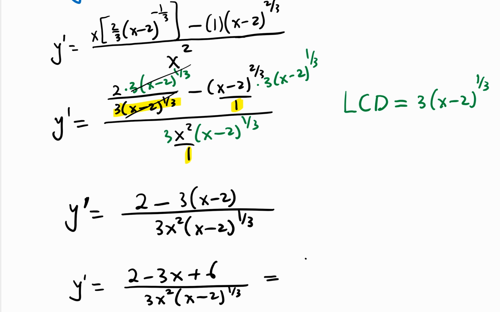I forgot an x here next to the 2, so that's a 2x. So the final answer would be 6 minus x over 3x squared times x minus 2 to the 1/3.